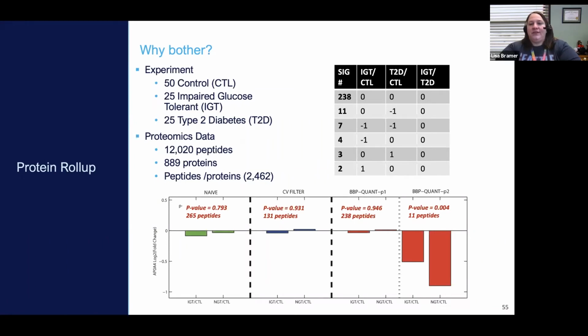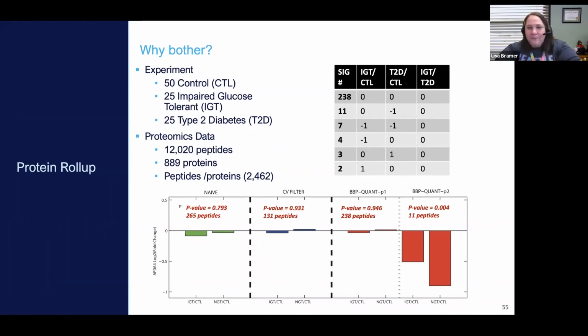And what you're seeing on the right is we could make statistical comparisons of the different groups. So the IGT group versus the control, type 2 diabetics versus the control, and zeros would indicate there's no statistical difference between the mean expression for a peptide. Negative ones would mean it would be down expressed in the numerator, or you could think of it as up expressed.